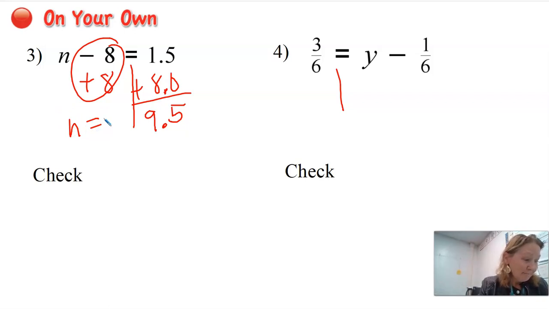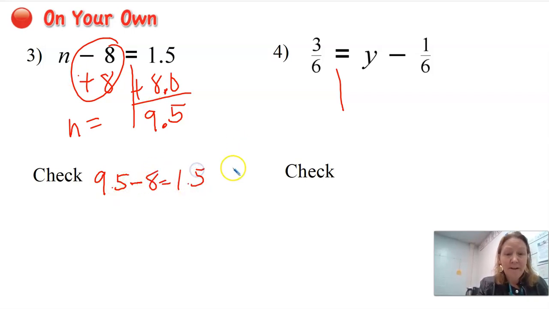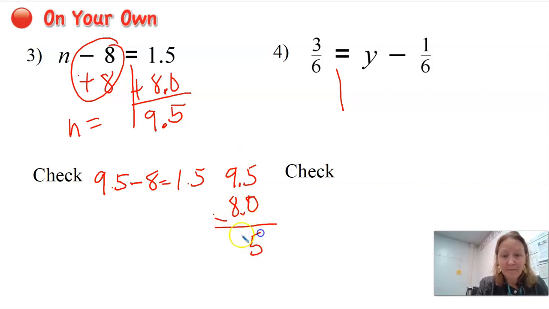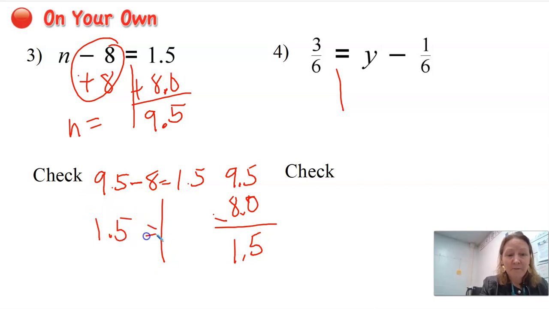When I do my check, I'm going to plug in 9.5. 9.5 minus 8 equals 1.5. And I'm going to do the math. I'm not just going to pretend I know it's equal. I'm actually going to write out the problems, line up the decimal. I get 1.5. So now I know 1.5 equals 1.5.